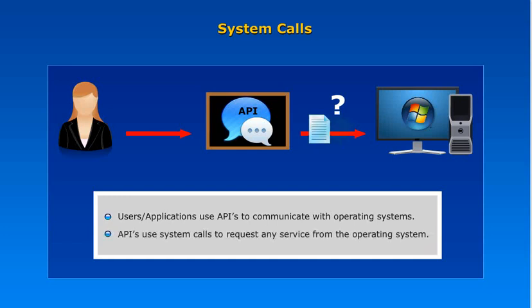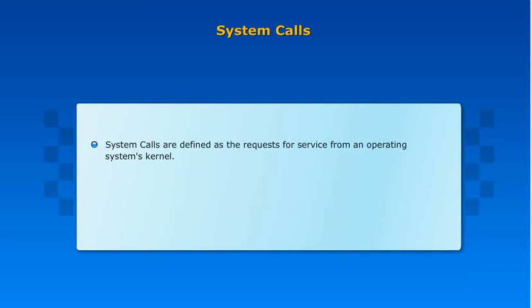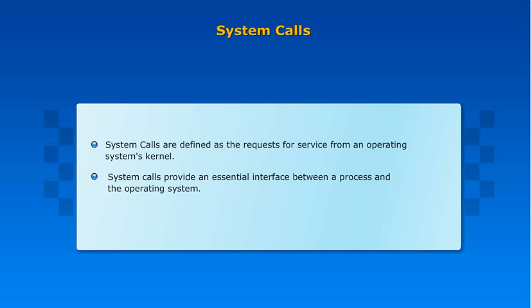APIs use system calls to request any service from the operating system. System calls are defined as a request for service from an operating system's kernel. System calls provide an essential interface between a process and the operating system. System calls are mostly accessed through Application Program Interface (API).